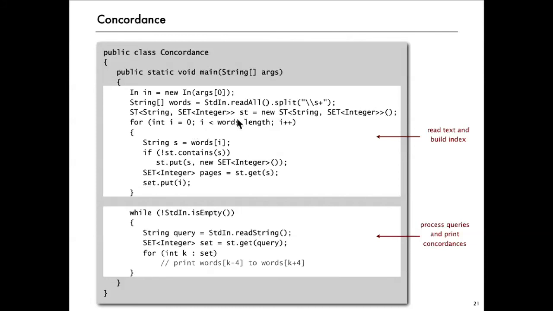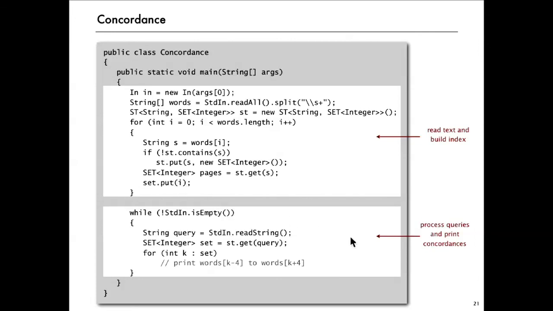So we go through all the words, pick out our key S, and again, if it's not there yet, we create a new set associated with that S. And then afterwards, we go ahead and get that set and put the new index on that set.